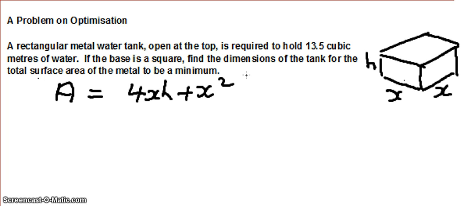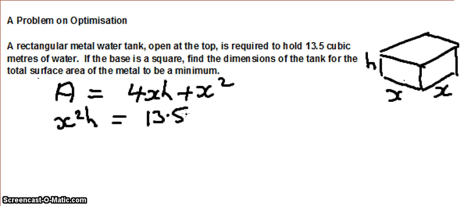So the second equation we use is the volume. We're given the volume, 13.5 cubic meters. So if we write an equation for the volume, we could say that the volume of this box is going to be x squared times h, and that's equal to 13.5.